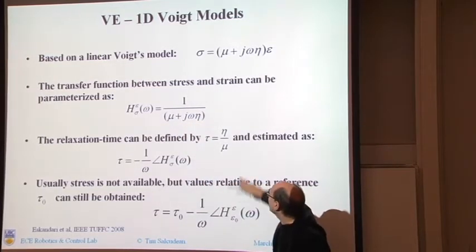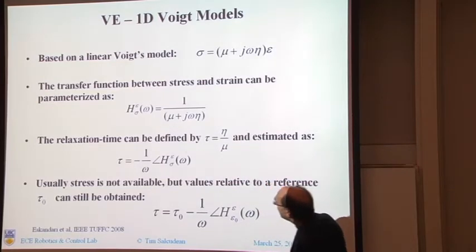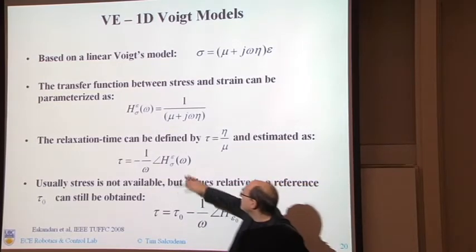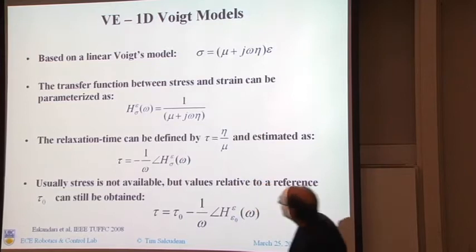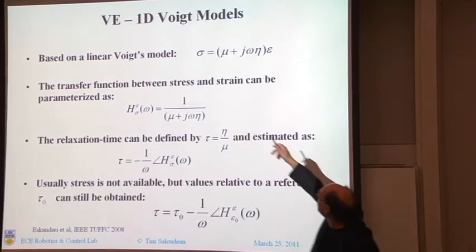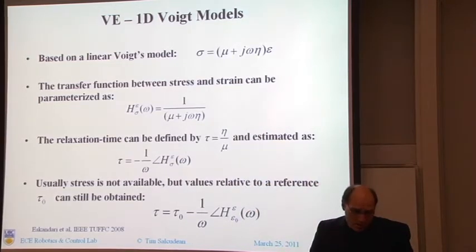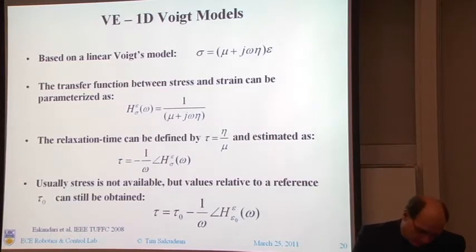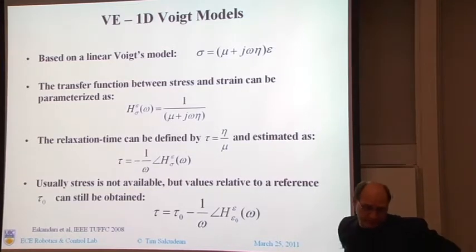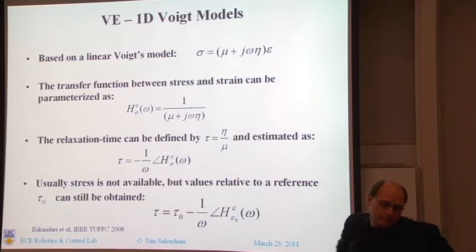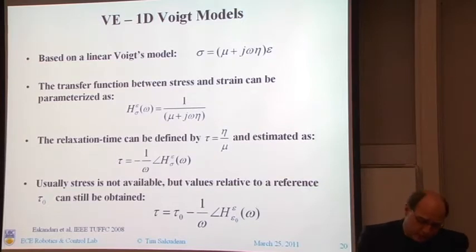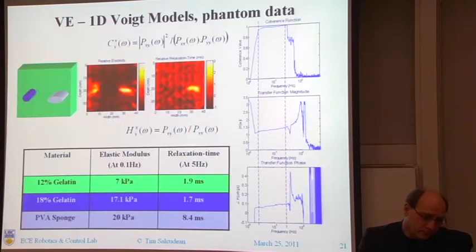That gives you a time constant, eta over mu, which you can recover very simply from the phase of the transfer function. Even though you don't usually measure the stress, relative to a reference you can obtain a relative change in tissue time constant.